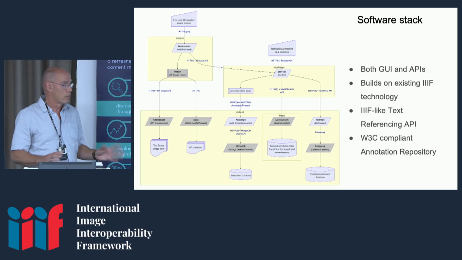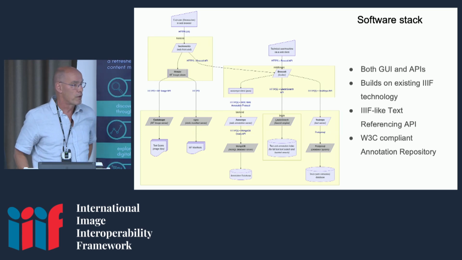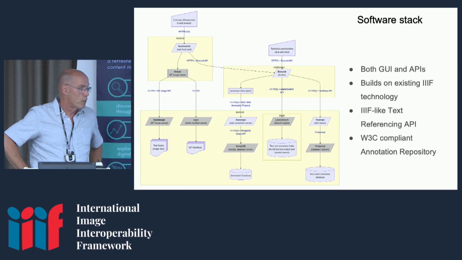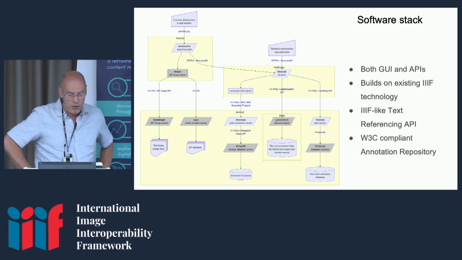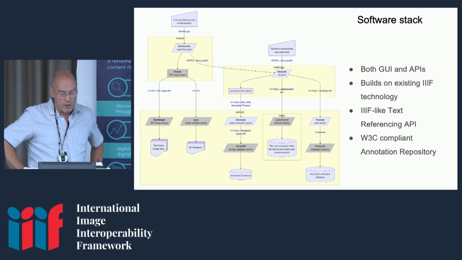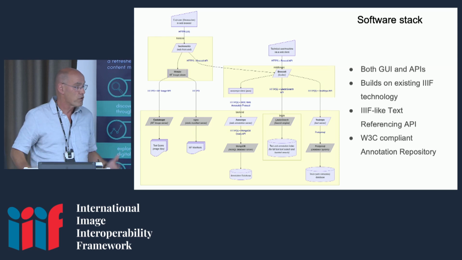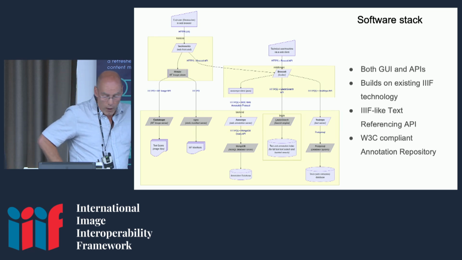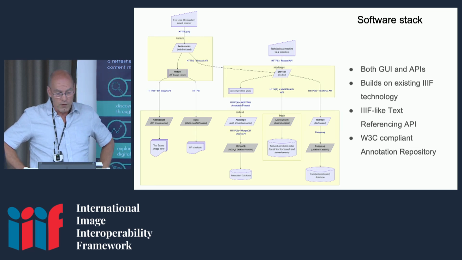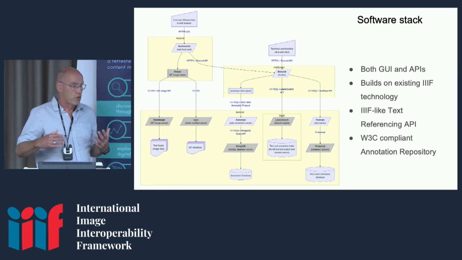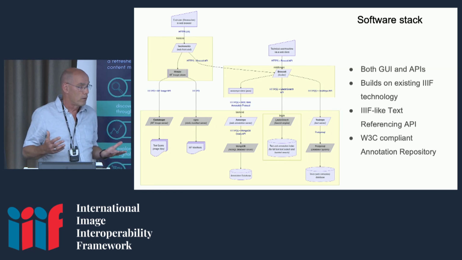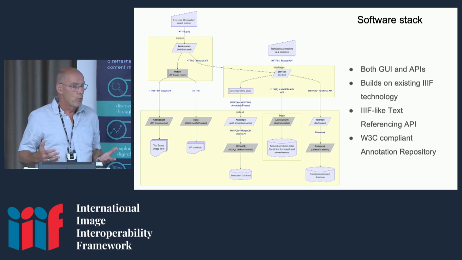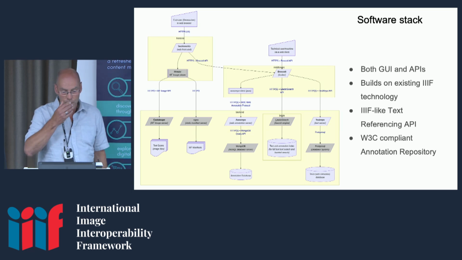I won't ask you to look at the details of this, but this is the software stack that we built concerning our enriched collections. On the bottom left, there's standard IIIF infrastructure, IIIF services. And what we added, on the right part, is a service that is a bit like the IIIF image API in the sense that we can use URLs to extract segments of text from documents.